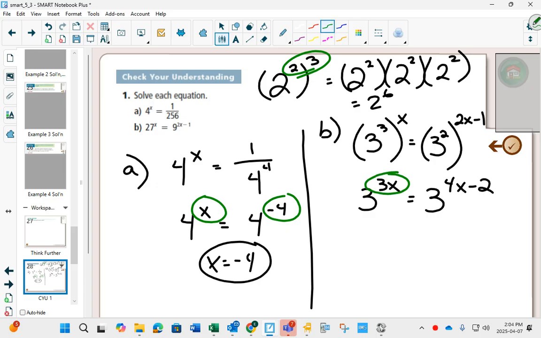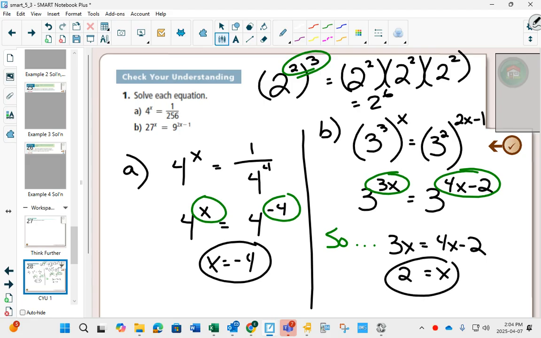And now, sometimes I even write "so", so it's obvious that the 3x has to equal the 4x minus 2. And now if I want to solve for x, I put my x's on one side, my numbers on the other side. x would have to be 2. What's that? Like a test, right?